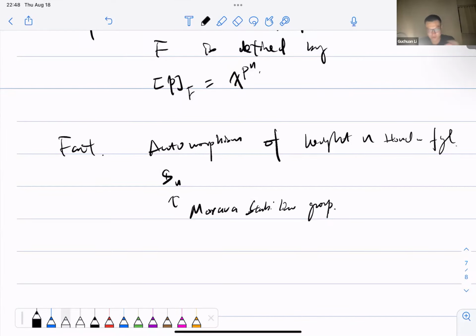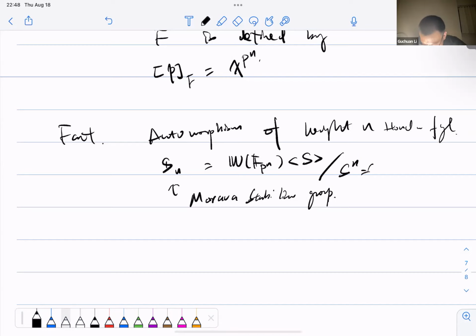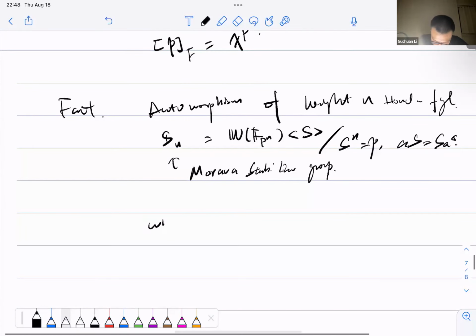Which will be very useful later. It turns out this one will be of this format: A to the power n is P. Let me just explain the notation.